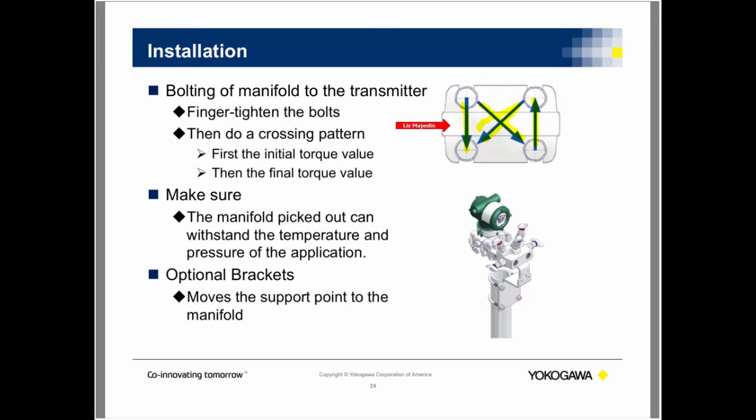Also, make sure that you pick out the correct manifold to withstand the temperature and the pressure of the application. Most manifolds have a maximum working pressure of 6,000 psi. So when it comes to pressure on the manifold, you're good. Your limitation is generally on the transmitter.